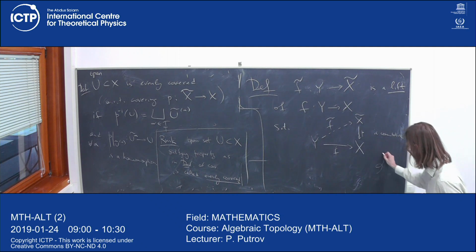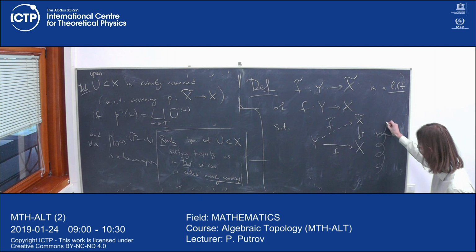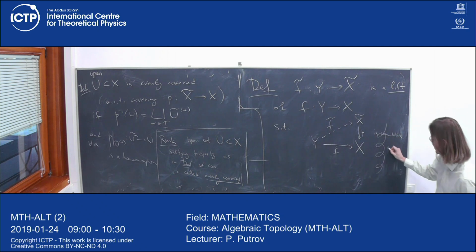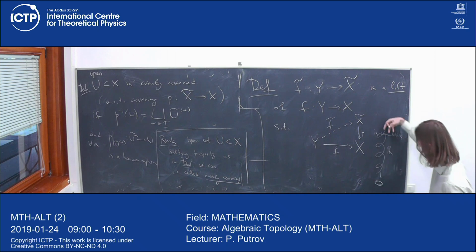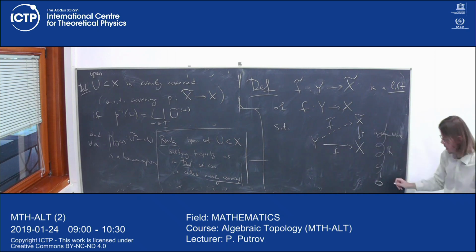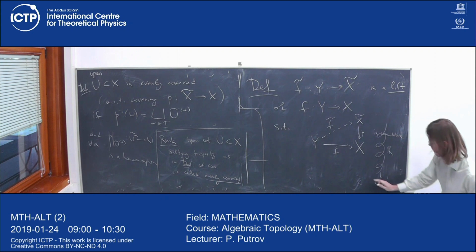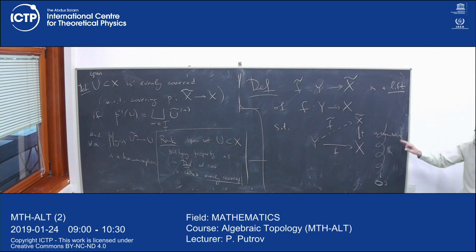The helix, the infinite helix, is a real line. If I realize that helix embedded into R3, three-dimensional space, this is the covering, and this is the projection onto the plane where S1 lies in this three-dimensional picture.